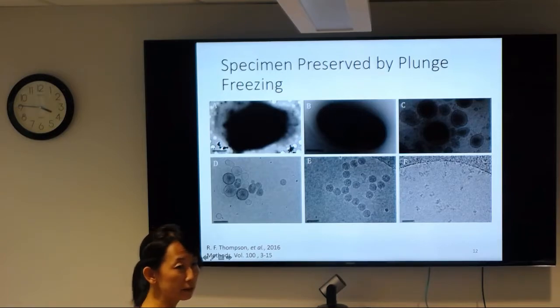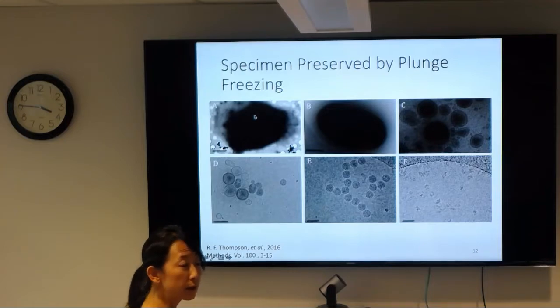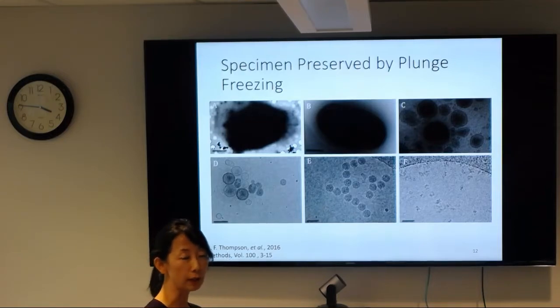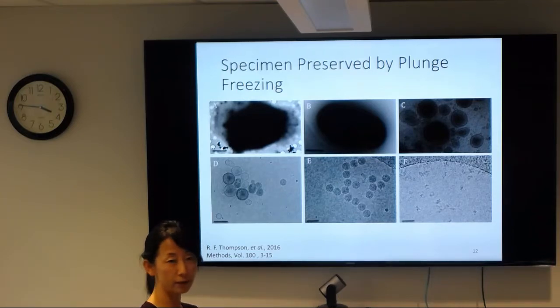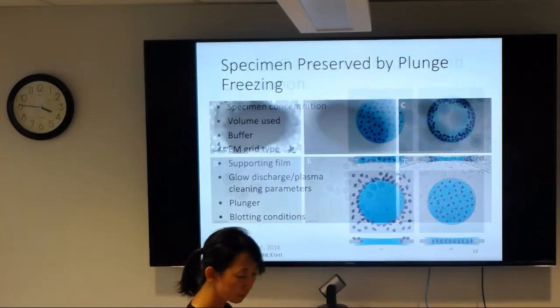This is a bacterium, but you will notice the center is already very dark, and you don't see much detail. And this is a eukaryotic cell, a mammalian cell cultured on an EM grid. Those are all the samples you could possibly freeze and preserve for tomography application.